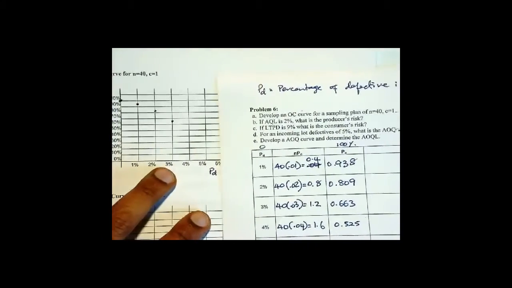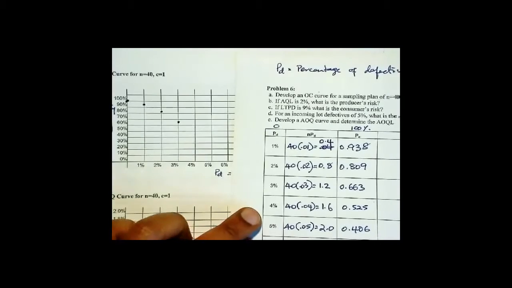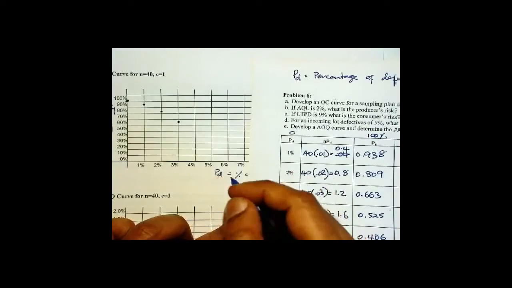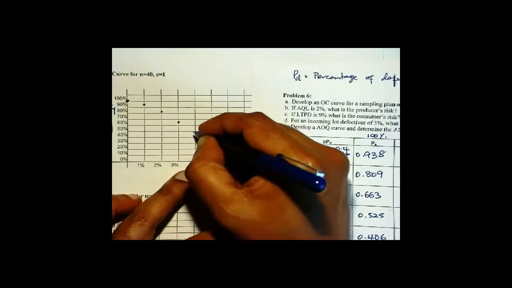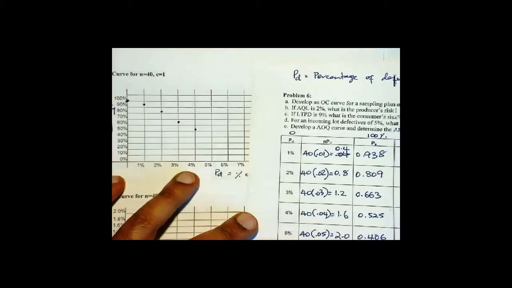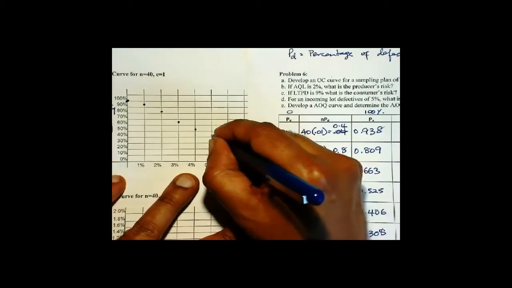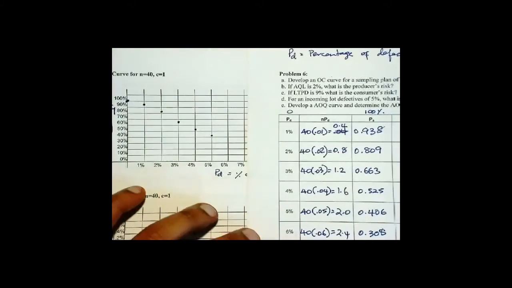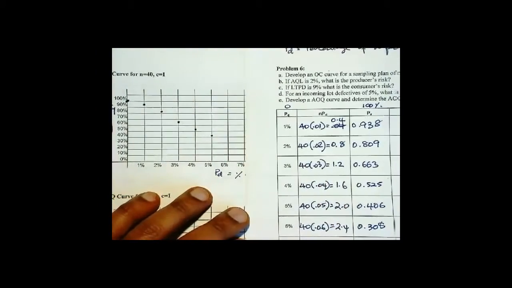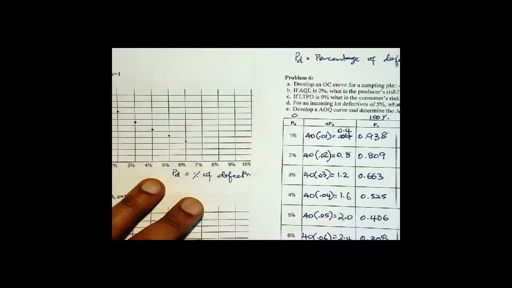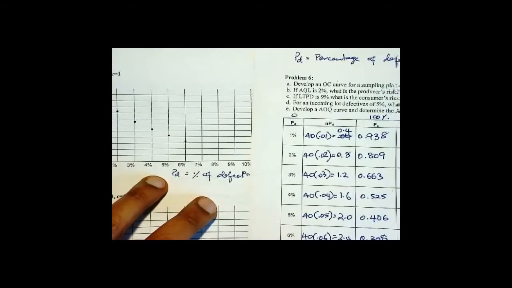For 4%, next is 0.525. Five percent is 0.406. 6% is 0.308. 7% is 0.231.